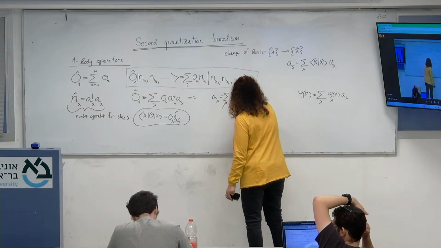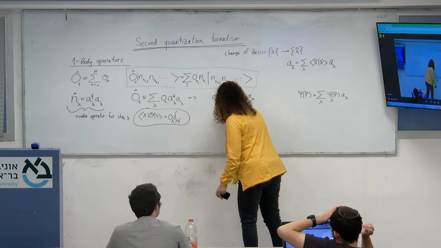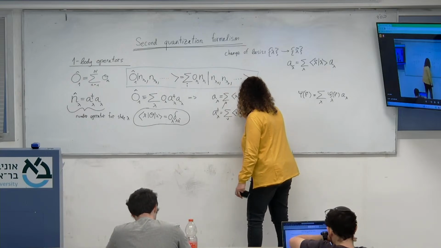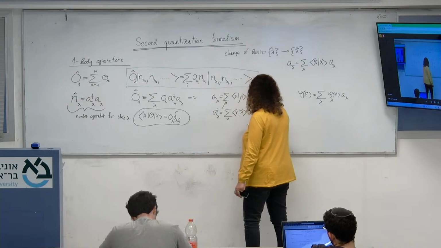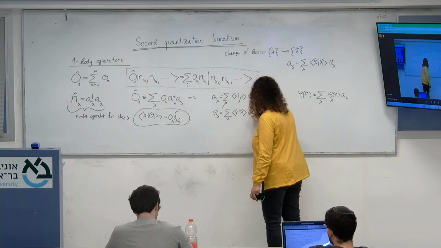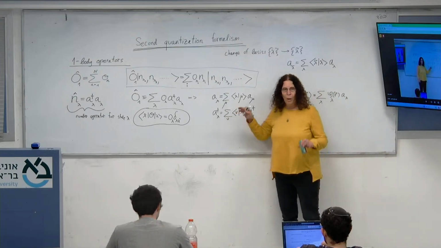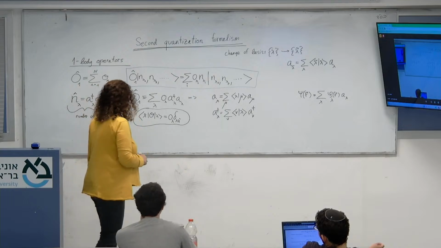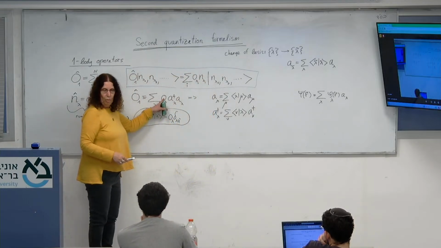Just to be careful, this is the overlap of lambda with mu times a mu, and a lambda dagger I write as a sum over mu, with the conjugate overlap, times a mu dagger. Now let's assume that mu and mu prime belong to the same family, it's the same basis, but a basis where the operator, little o, is not diagonal.